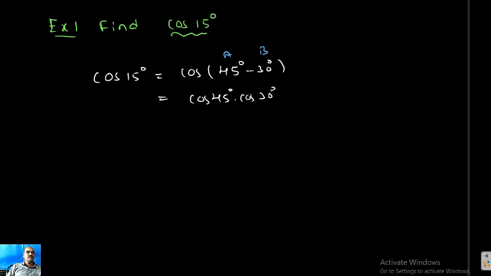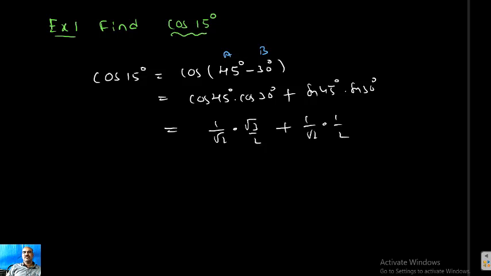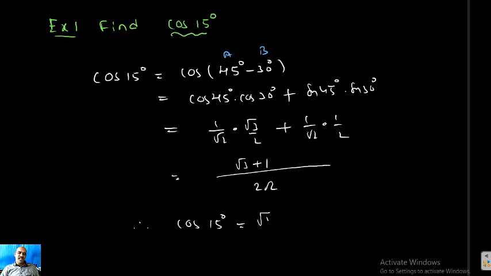Cos A cos B, here minus means plus, plus sin A sin B, sin 45 into sin 30. So cos 45 value is 1 by root 2, cos 30 is root 3 by 2, plus 1 by root 2 into sin 30, 1 by 2. Totally 2 root 2 LCM. So what do we get? Root 3 plus 1. Therefore, cos 15 degree value is root 3 plus 1 by 2 root 2.